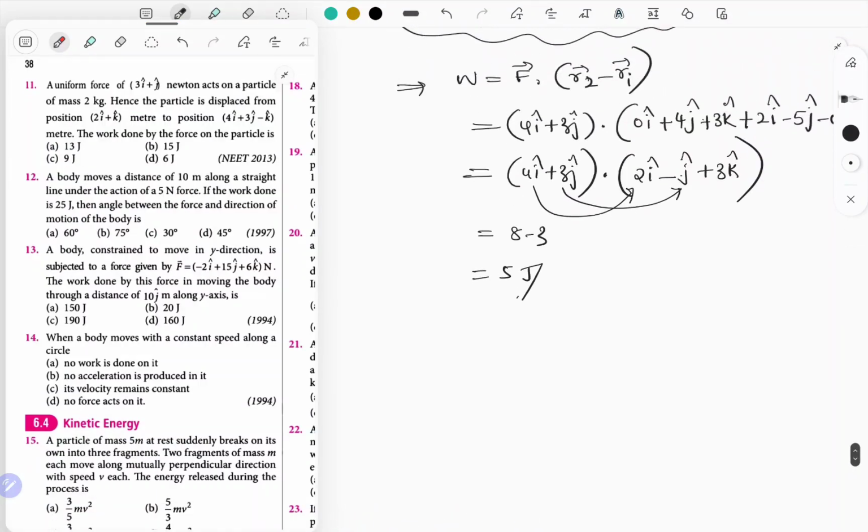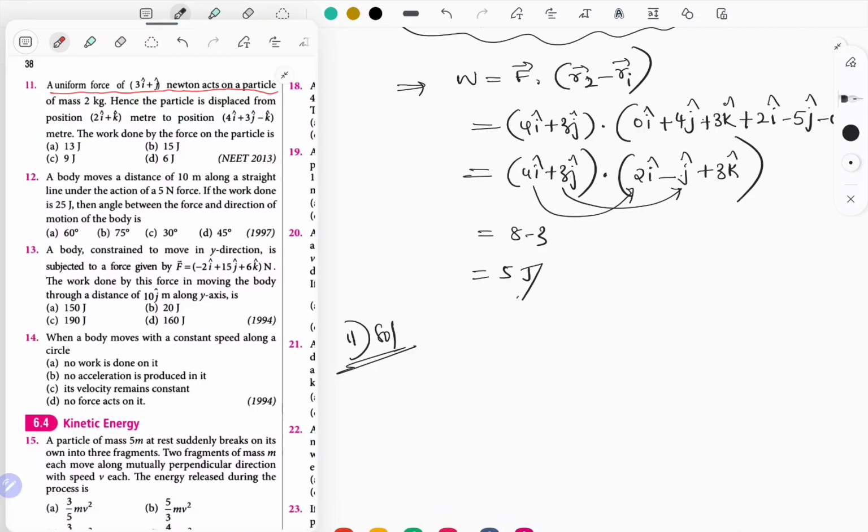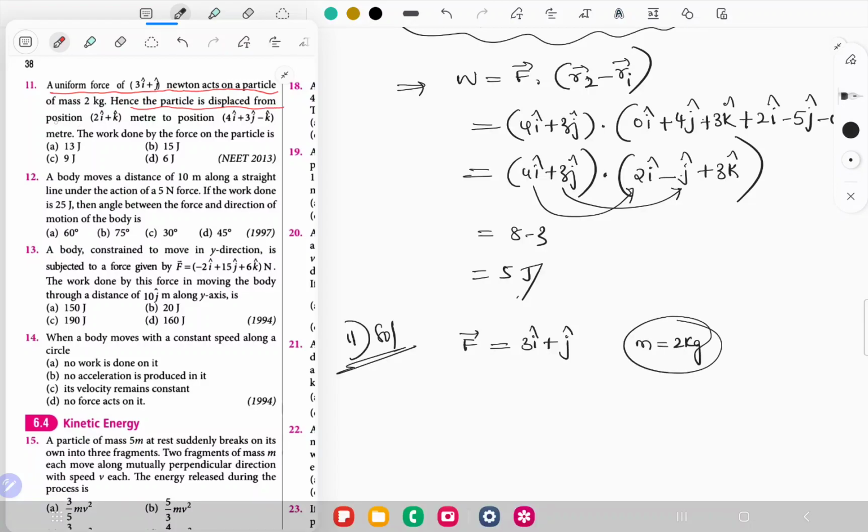Question number 11 is also of a similar model. So let's try that. A uniform force of 3i cap plus j cap newtons acts on a particle. F bar is uniform in the sense constant or variable? It is constant. It acts on a particle of mass M equal to 2 kg. A particle is displaced from position 1 to 2.